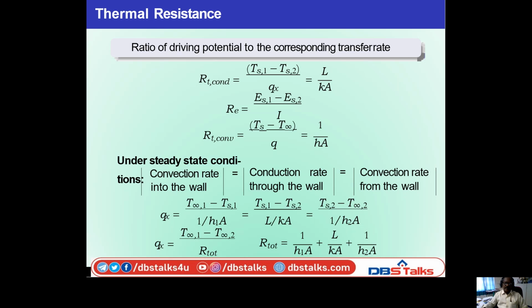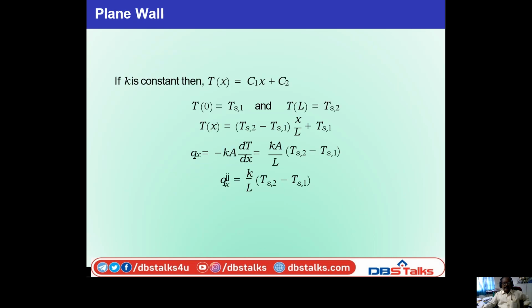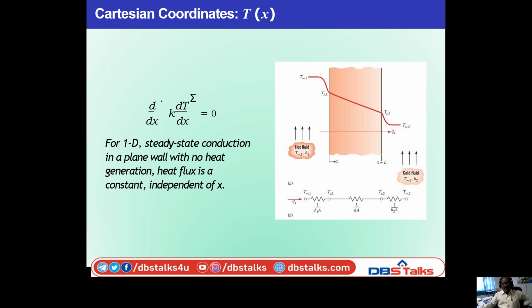Radiation we won't concentrate on that much here; we'll discuss it later. So there will be a conductive resistance here, and some resistance here and here. Now you have to find the total resistance, so we'll see how to find it.